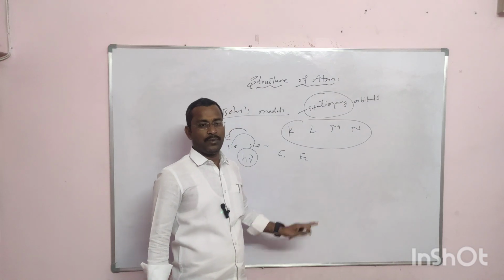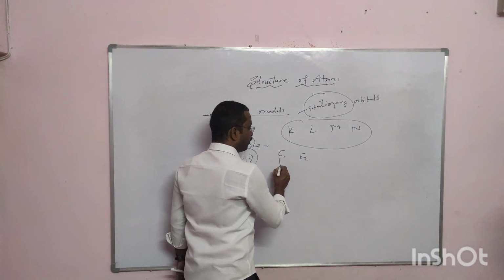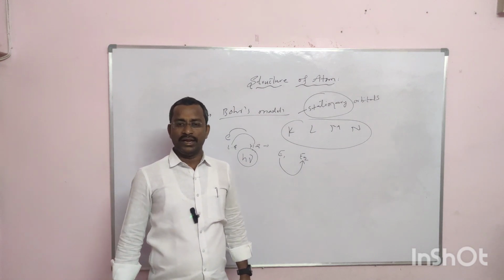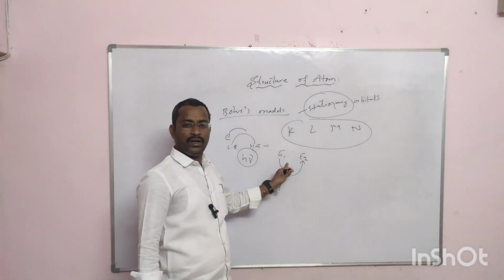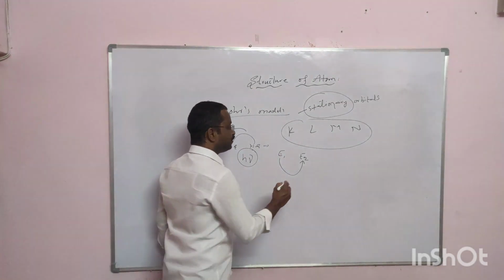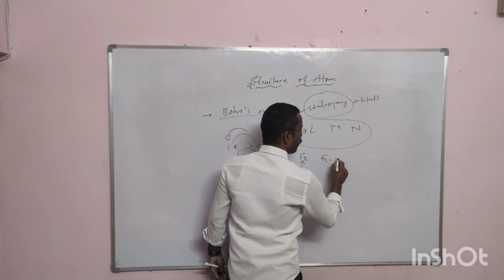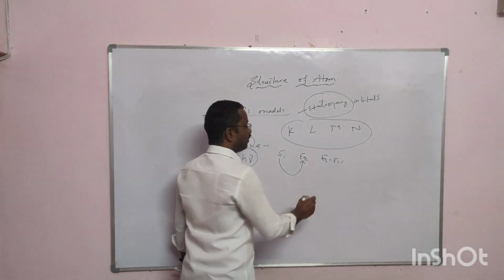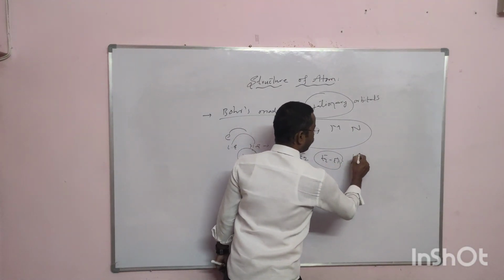Now what happens, the electron is jumping from E1 to E2, that is, from lower energy to higher energy. Then energy should be absorbed, and that energy should be equal to E2 minus E1, which always equals h nu.